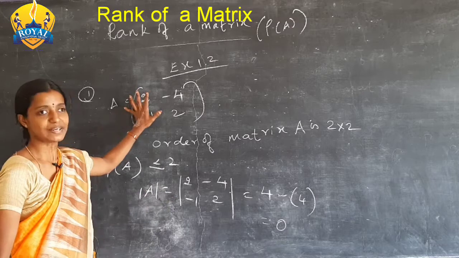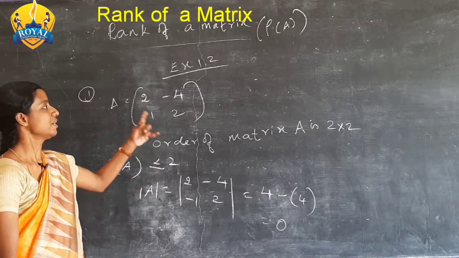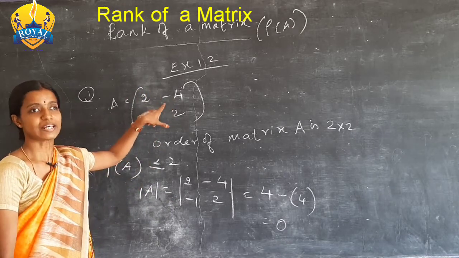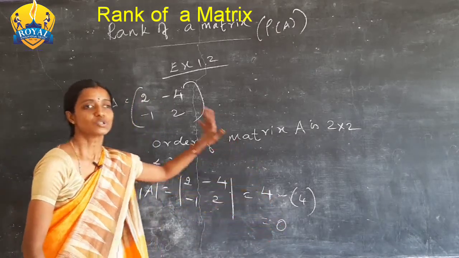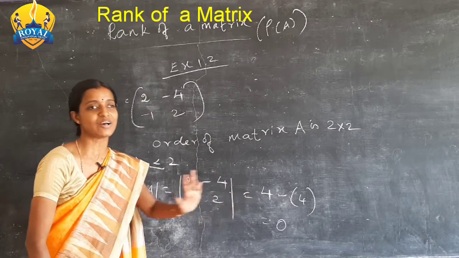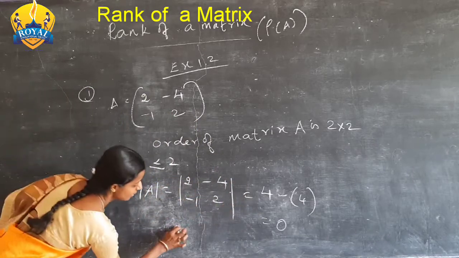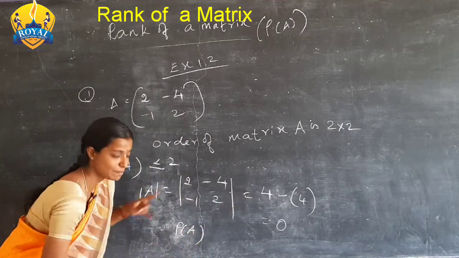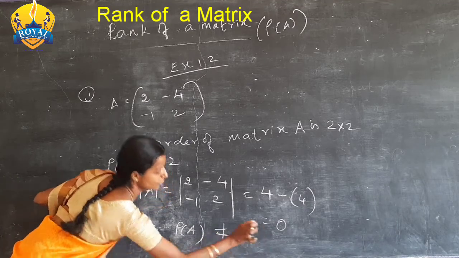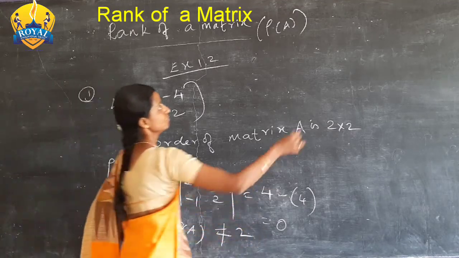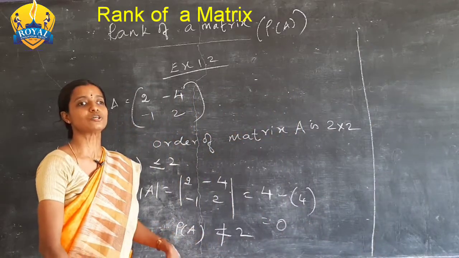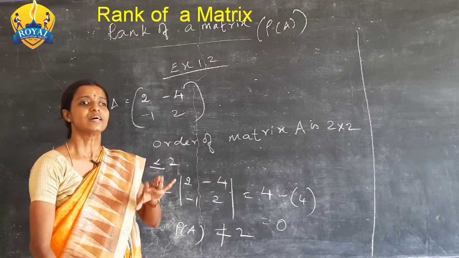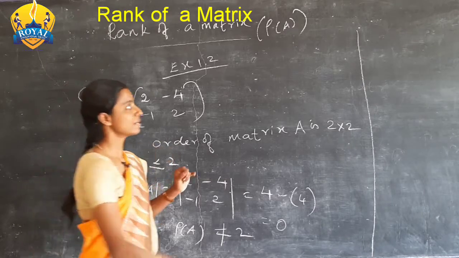So for this matrix, the second order minor vanishes. Since the value of this determinant vanishes, my rank of this given matrix cannot be equal to 2. So let me consider a one order minor.